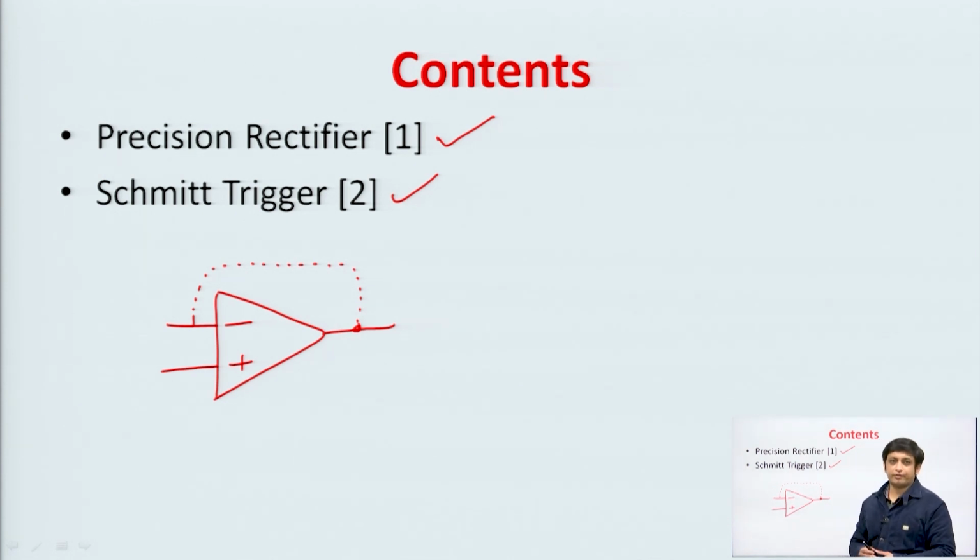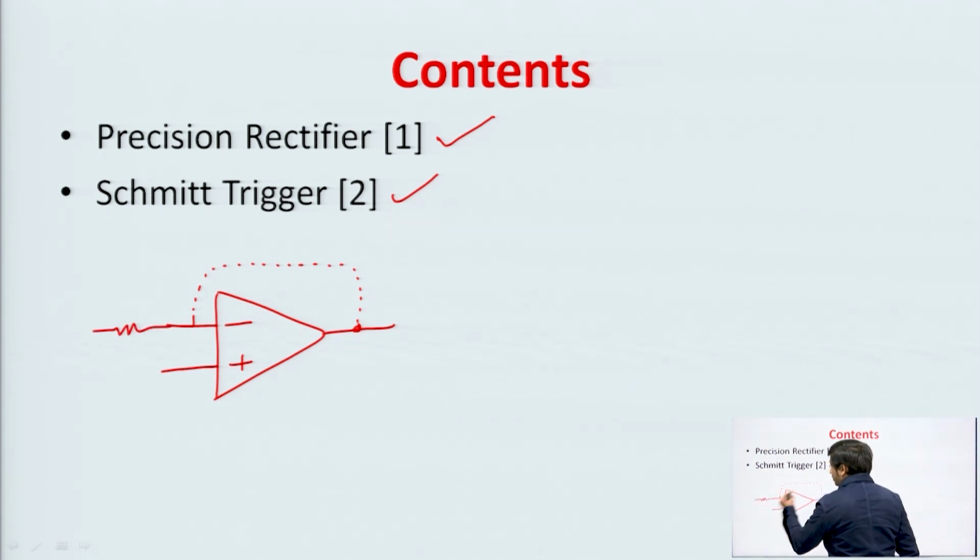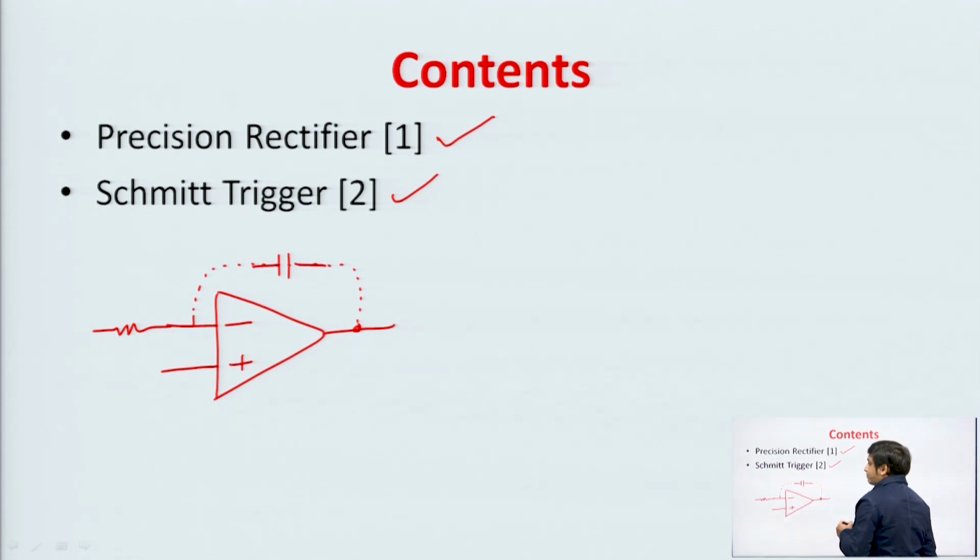We had seen a few of them: if there is a resistor at the inverting input terminal and a capacitor in the negative feedback path, then it becomes an integrator. If we interchange this resistor and capacitor, then it becomes a differentiator. Similarly, there are other applications like log and anti-log amplifiers, etc.